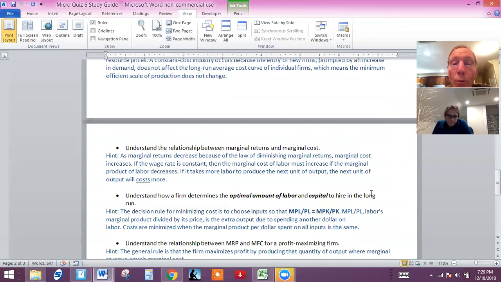Okay, now this one is just understanding what I was talking about before. Marginal returns are diminishing because marginal costs are increasing. So as we produce more, each one we produce costs a little bit more than the one before. Now, why is that? I've explained it here.